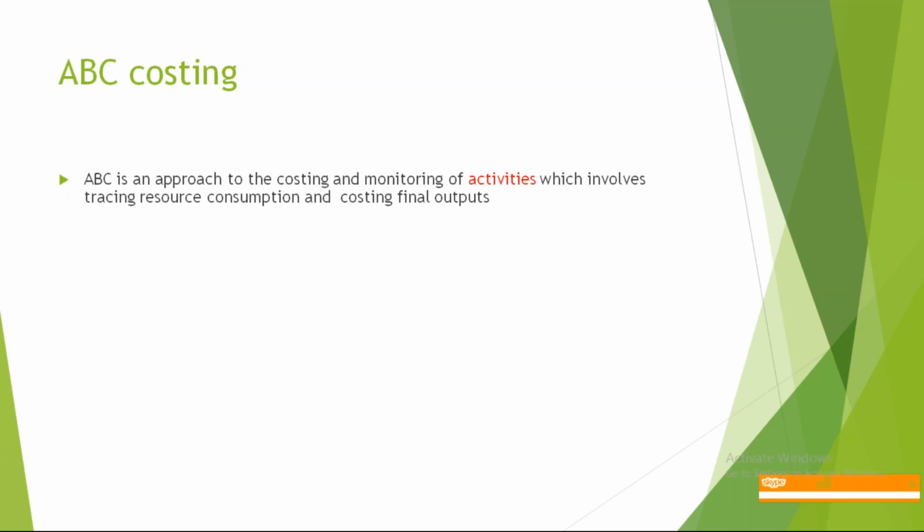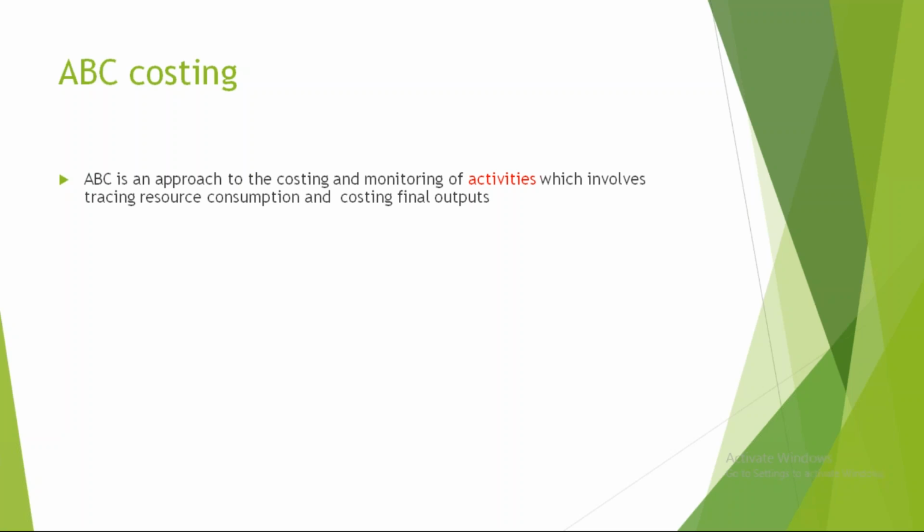If a particular customer is complaining 10 times, and another customer is complaining 5 times, we know the customer who is complaining 10 times is costing my customer complaint unit double the cost of the other one. So we try to identify the cost not in terms of finance function, HR function, production function or anything like that. We try to identify the cost in terms of activities.